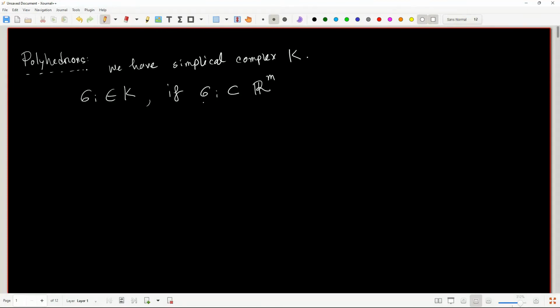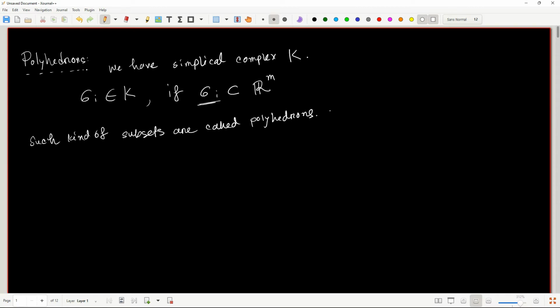So if this simplex over here is a subset of this Rm, then such kind of subsets are called polyhedrons. Okay, that's how we define polyhedrons in terms of simplexes.